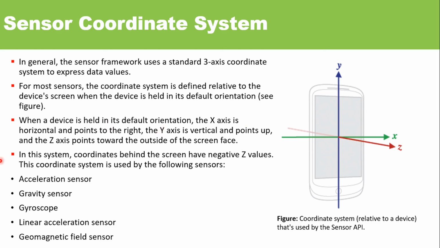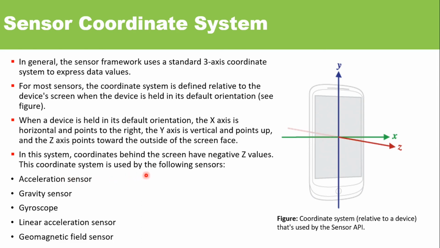The x-axis is horizontal, the y-axis is vertical and points up, and the z-axis points outside of the screen face. In this system, coordinates behind the screen have negative z values.